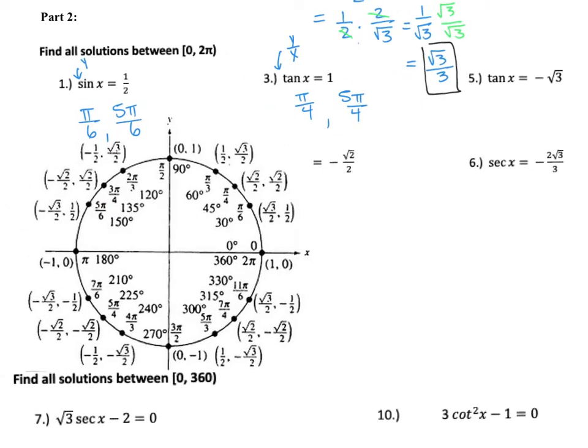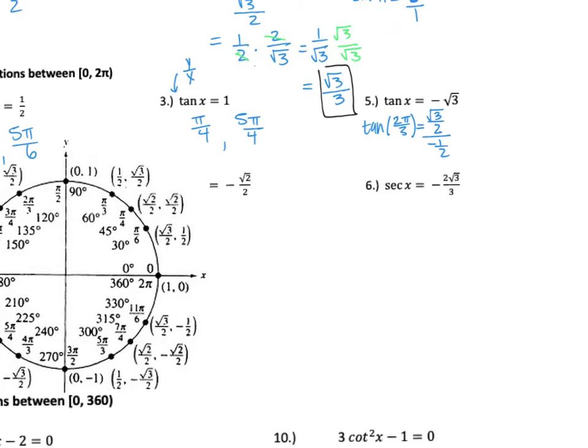So if I take the y value here, because tangent is y over x, if I take tangent at 2 pi over 3, that would be the y value, which is root 3 over 2. And I would be dividing that by -1/2.